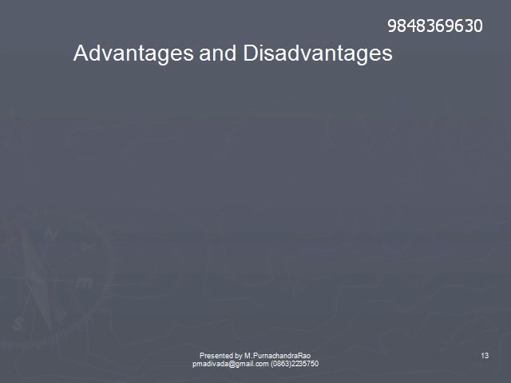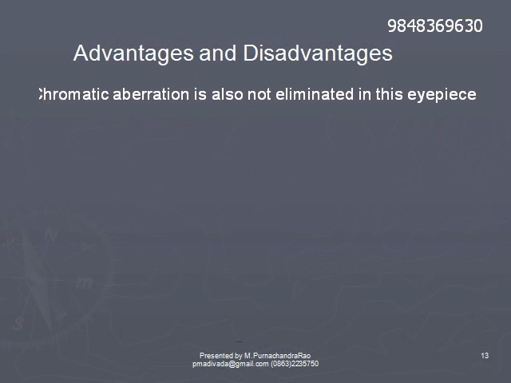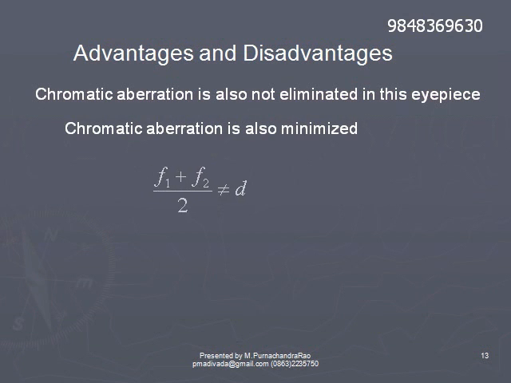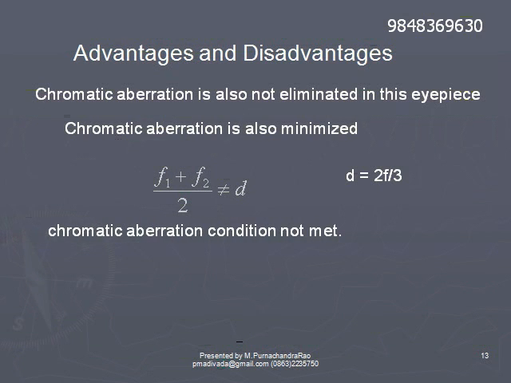This condition is not satisfied in this eyepiece, yet the spherical aberration is minimized. The condition required for elimination of chromatic aberration in case of two lenses is also not met in this eyepiece, but the aberration is minimized.